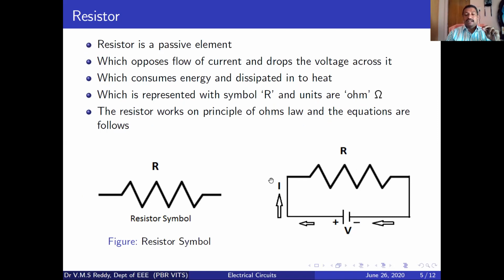What is that magnitude of the current? I is equal to V by R. That much current will flow through the resistor. Only I is equal to V by R, where R is nothing but the resistance. This resistor will consume the energy I square R. All these things I'll continue in the next slide.